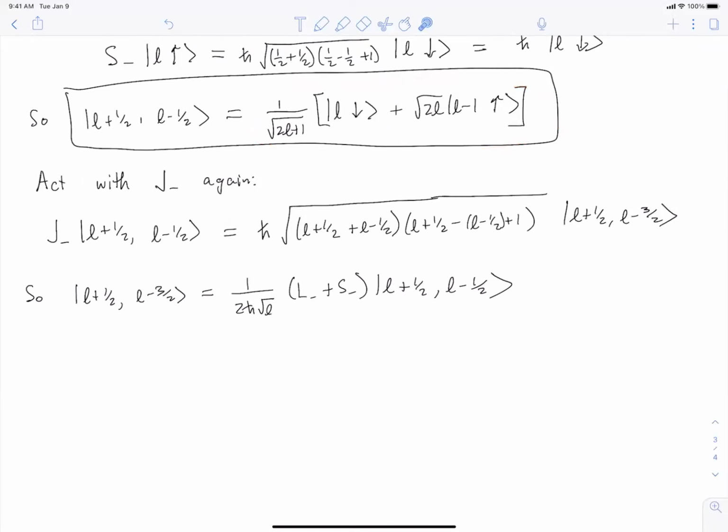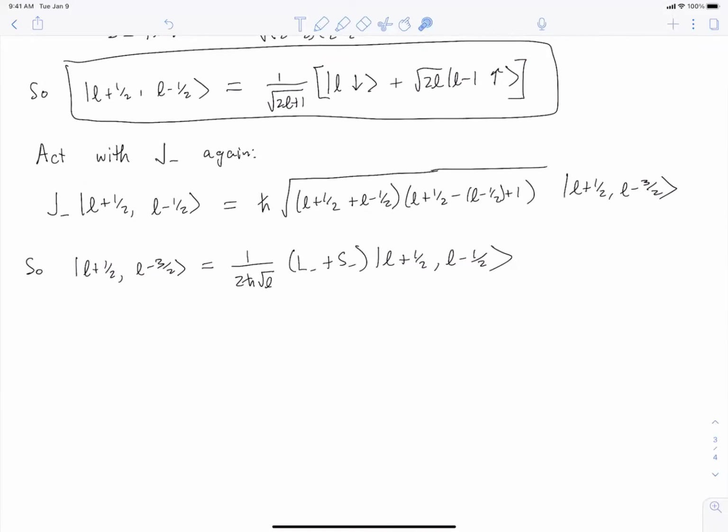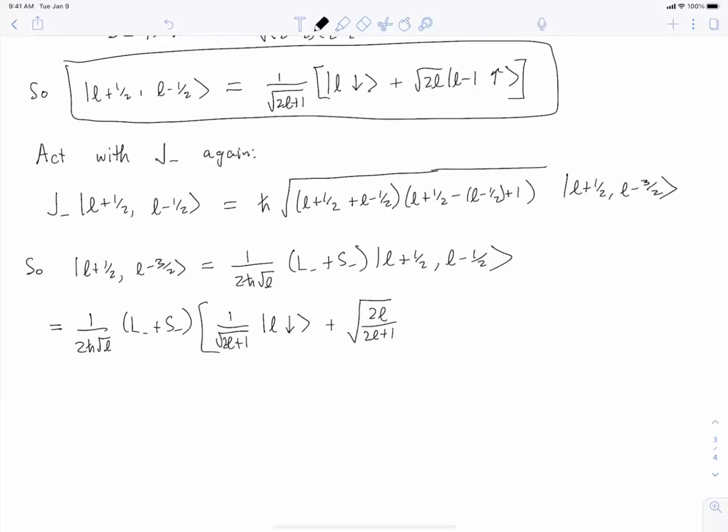Okay, and so we need to plug that in. That's going to give us 1 over 2 h bar square root of L times L minus plus S minus acting on 1 over the square root of 2L plus 1, L down arrow plus square root of 2L over 2L plus 1, L up arrow.